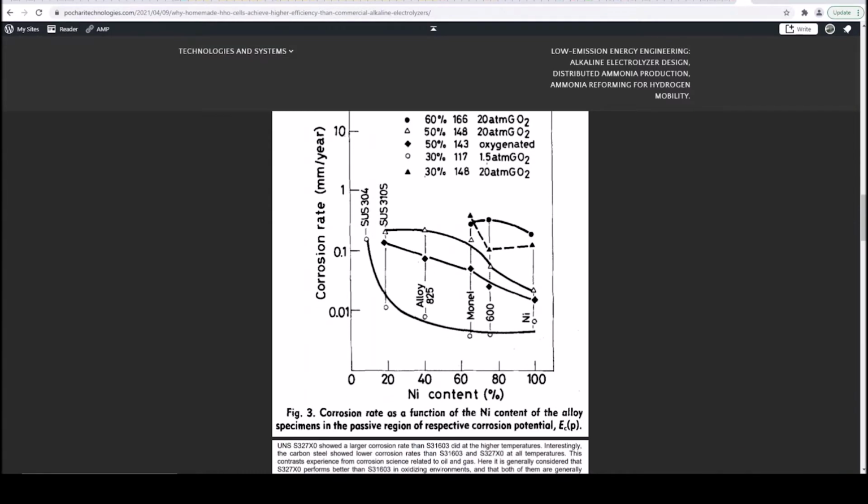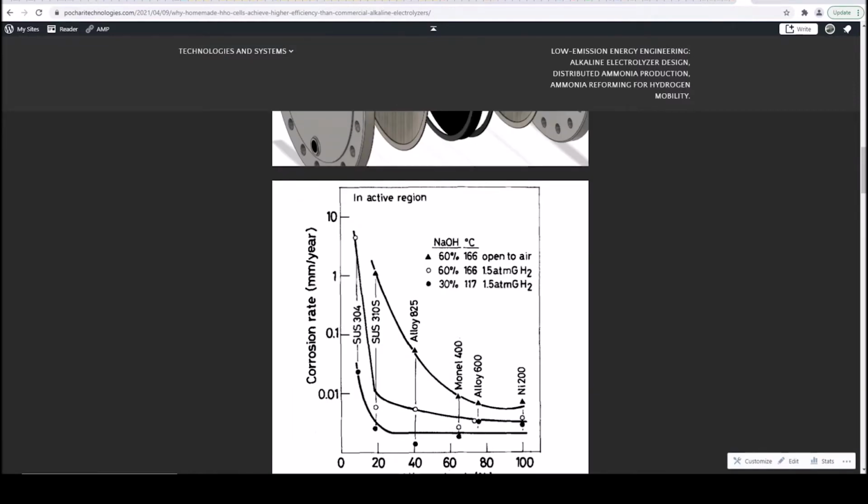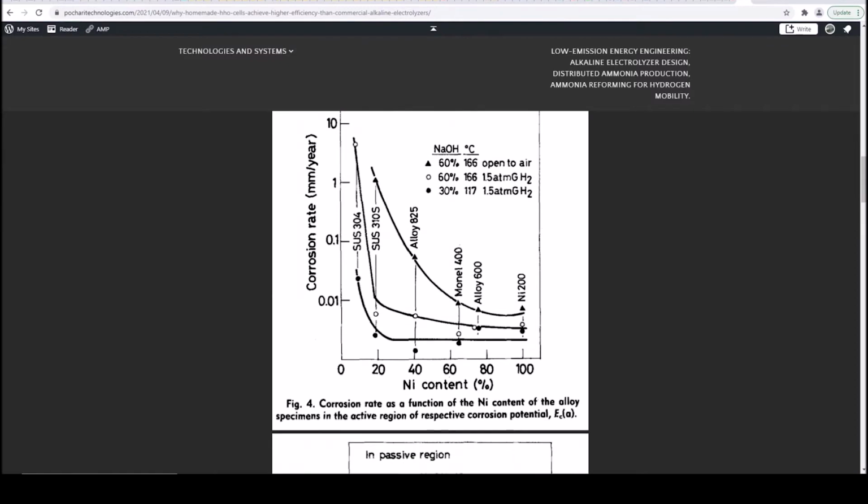You can see the ideal is sort of 70% nickel. You go up to 100%, it actually slightly increases. If you go to the cathode, it's quite a bit lower, it looks like about 0.02 millimeters.